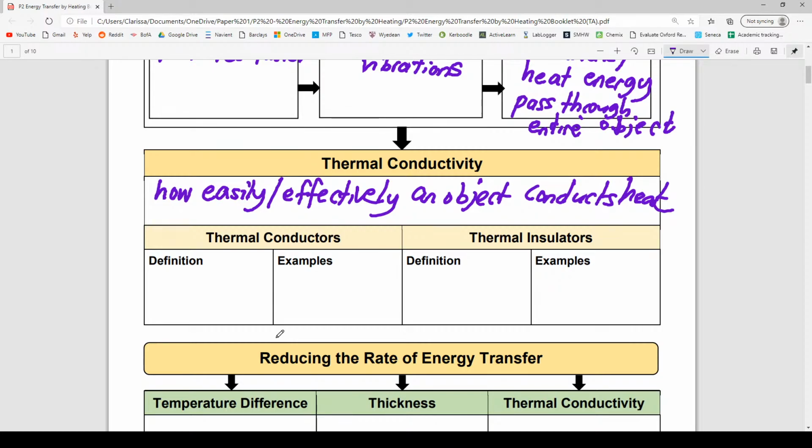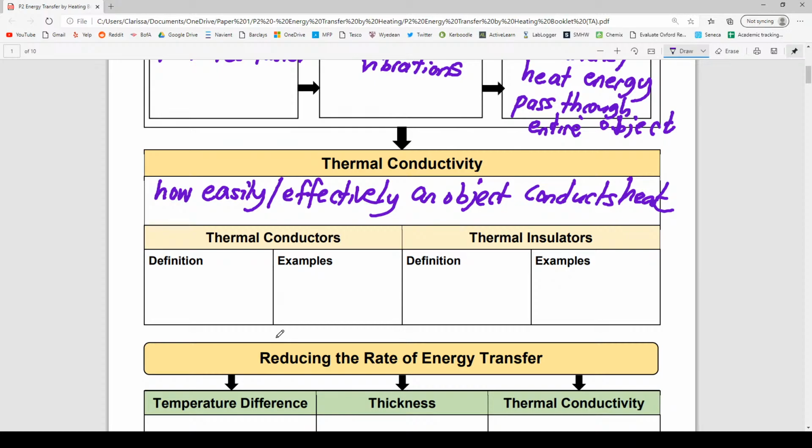We're not going to make a pan out of, I don't know, wood, even if we make it so the wood doesn't catch on fire, because wood wouldn't be very good at heating up effectively. So all of our designs for everyday objects are based off of thermal conductivity. How good is this going to be at transferring heat? How good is this going to be at doing what we are looking to do?